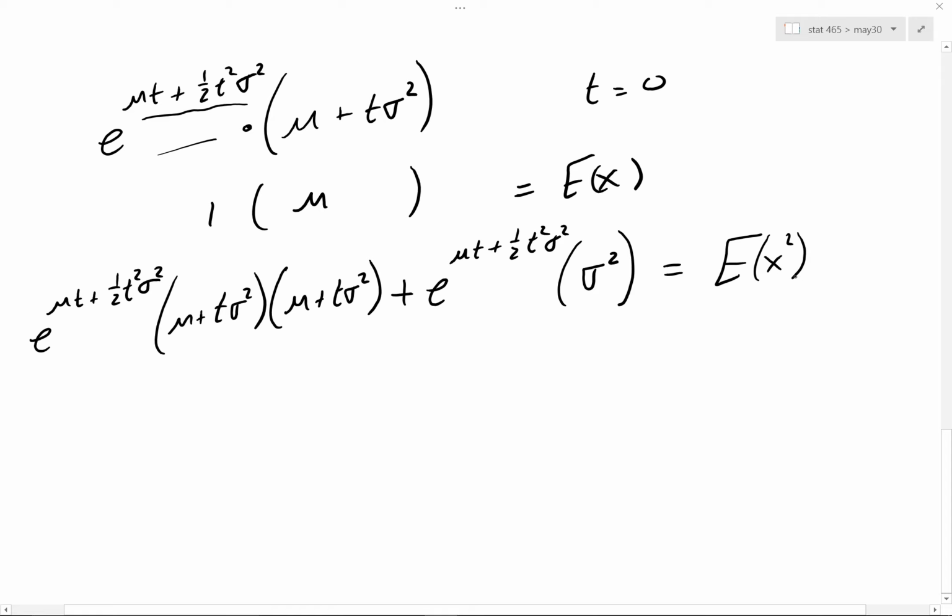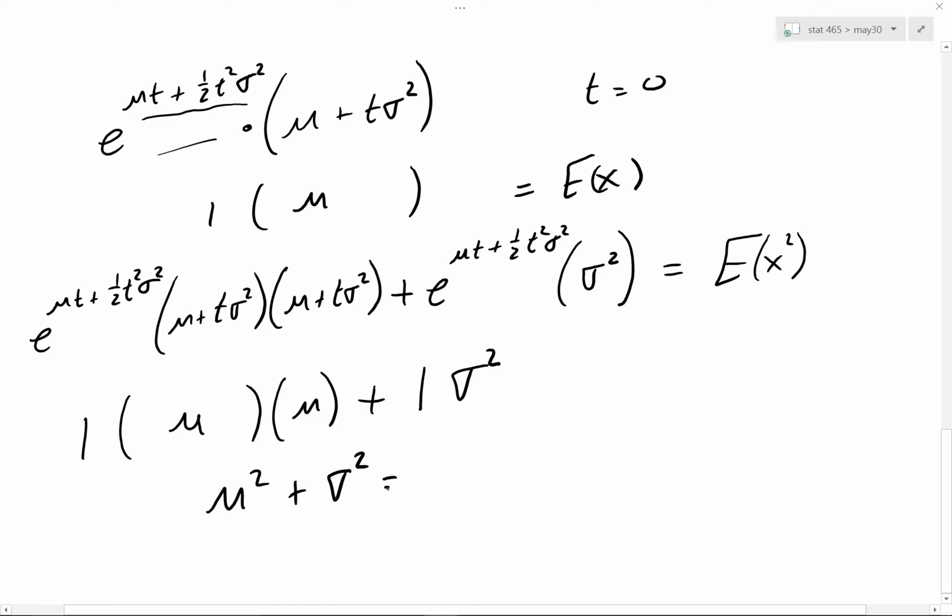Now let's evaluate it at 0, so this just becomes 1. When t is 0, this is mu. This is also mu. When t is 0, this is 1, and this is sigma squared. So it's mu squared plus sigma squared. You can already see where this is going, can't you? Hey, what's the variance?